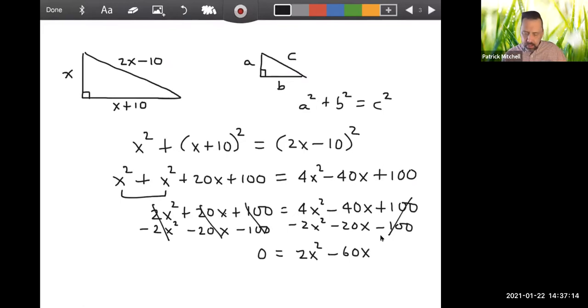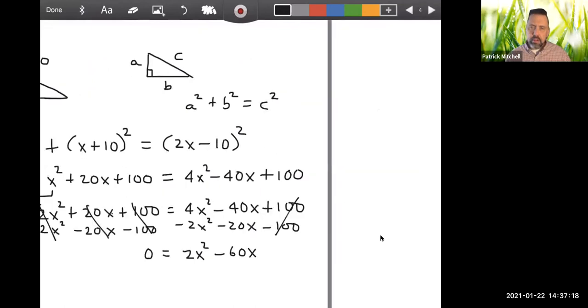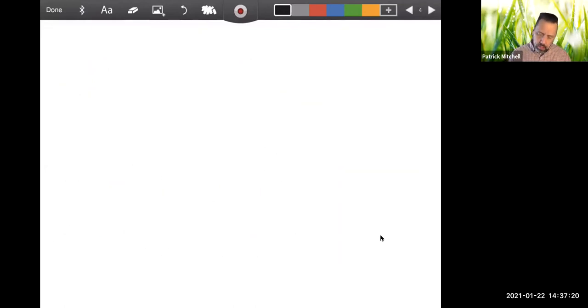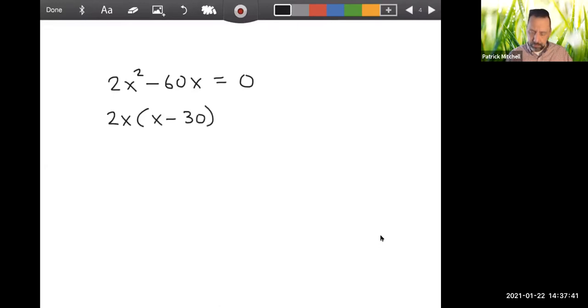All right. I think I'm going to start a new page here. Might as well. This is the last example. So we have 2x squared minus 60x equals 0. All right, so that's a pretty easy quadratic equation. I'll start with my GCF, which is 2x. And that's going to leave me with x minus 30, right?